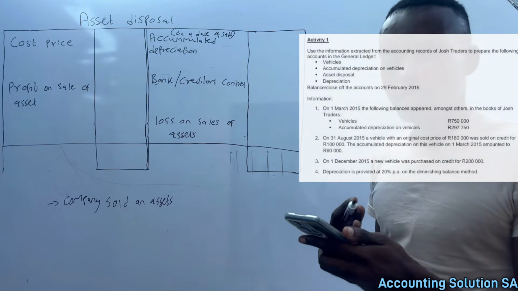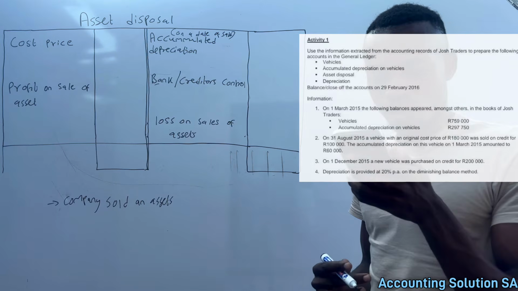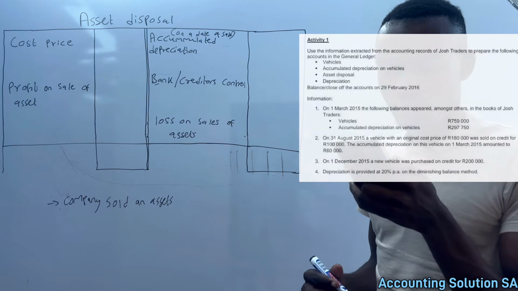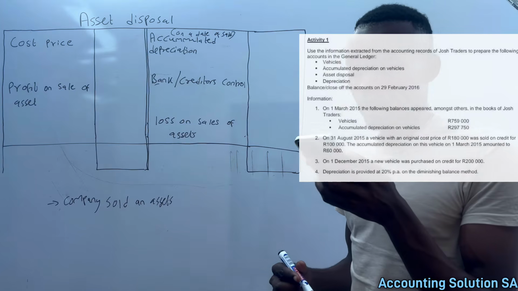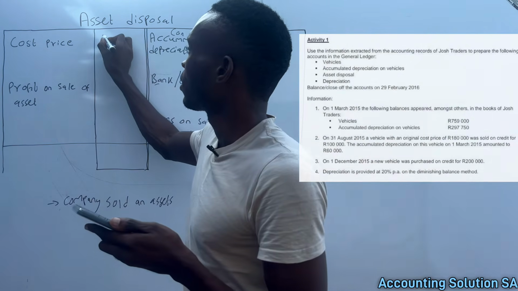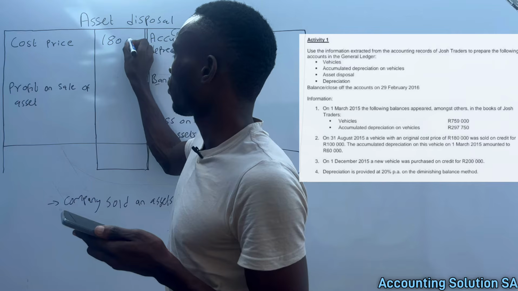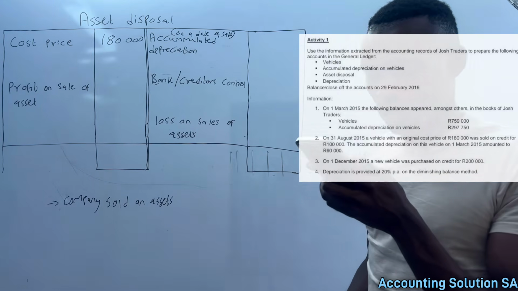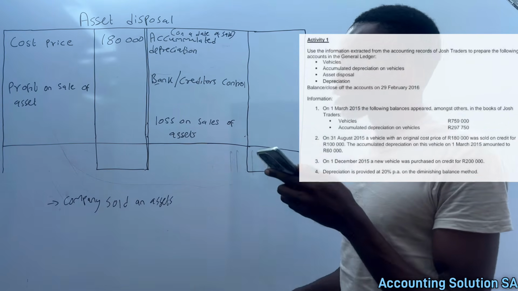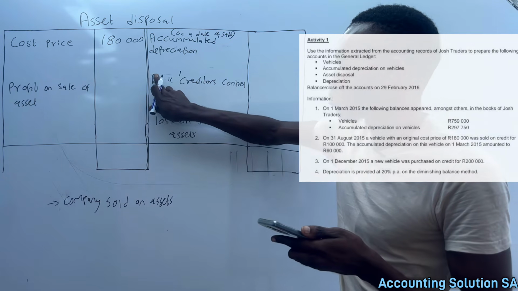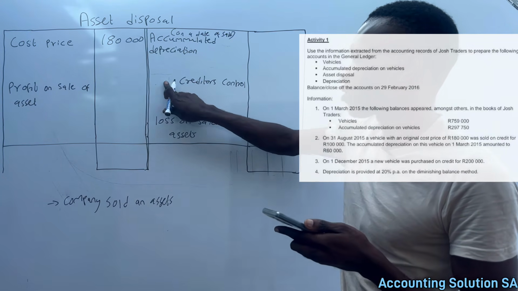Okay, let's first record what is available. Number one, what is available is the original cost price of 180,000. 180,000 is here as cost price. And another one, 100,000 for credit, which means that we have to remove bank because it's creditors control.